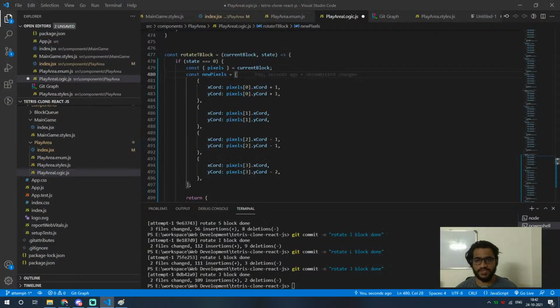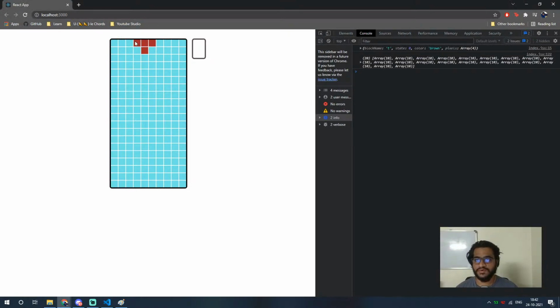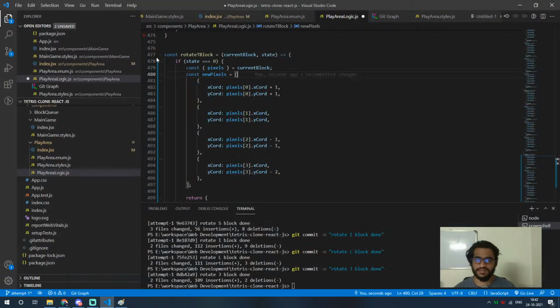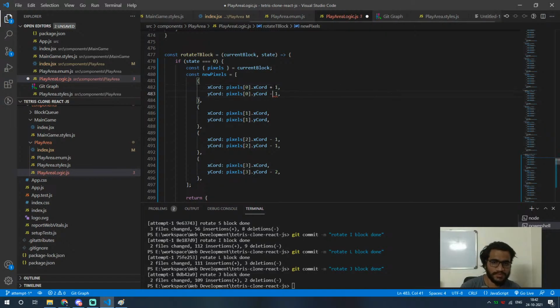So from 0 to 1 it will go like this, right? So minus 1 y minus 1 x, minus 1 y plus 1 x, plus 1 x minus 1 y.